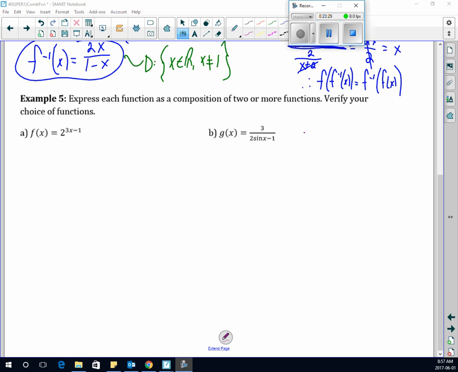Well, let's see. I'll start you along in the first one. What happens if g of x equals 2 to the power x? How could I make it into 2 to the power 3x minus 1? What would h of x have to be?